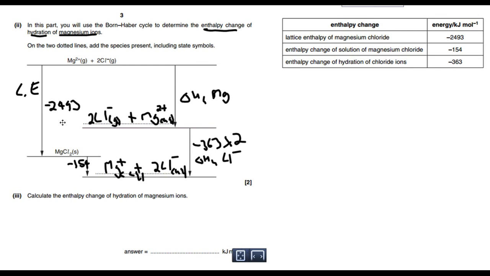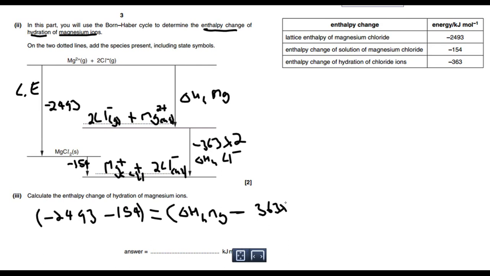So looking at it, I can see that minus 2493 minus 154 is going to be the same as whatever delta H of magnesium is minus 363 times 2. You can just see that by the fact that these two lines are going to be the same distance apart.